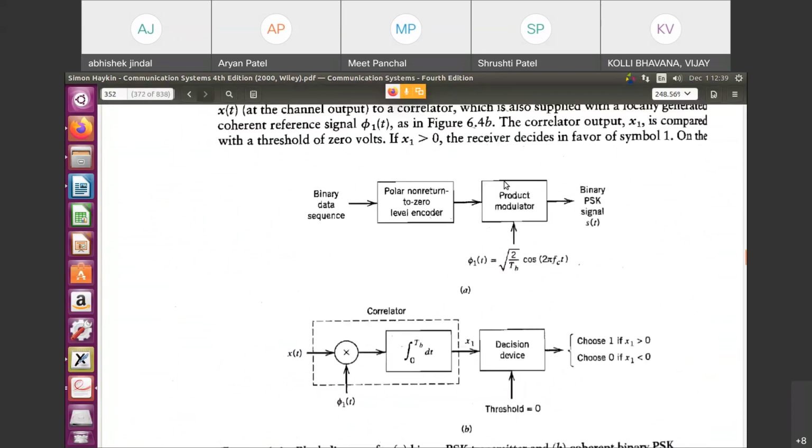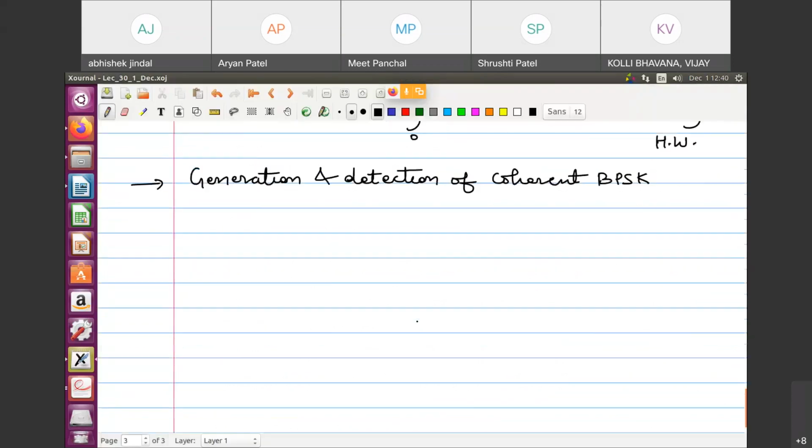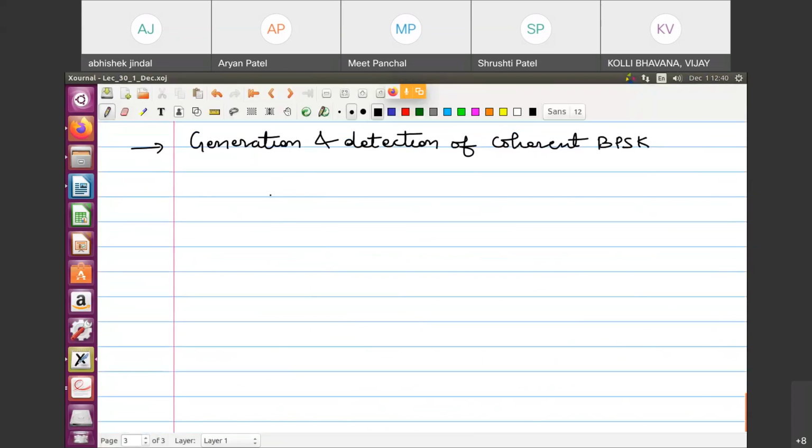If you can see this figure A, what we would be doing, let me first write it here. When we say that S1t is nothing but root of twice EB by TB cos of 2 pi FCT, this one, which I am now representing by S1t, exists from 0 to TB.